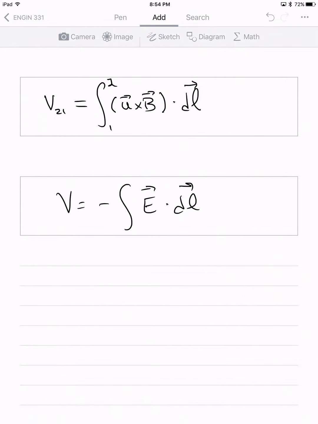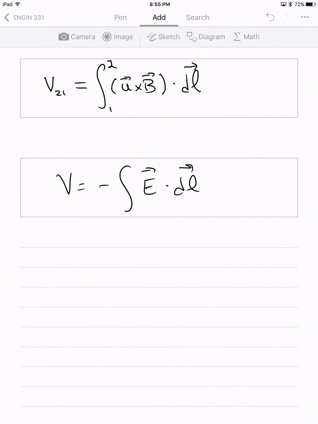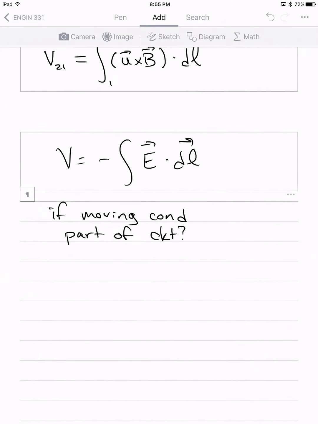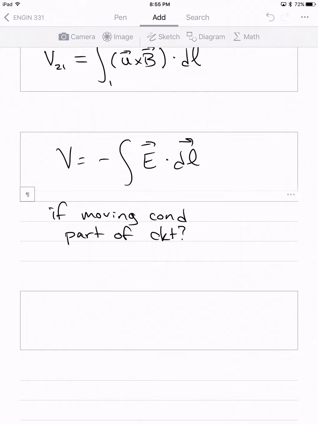Here's an important thing. If that moving conductor is part of a circuit, then the EMF that's generated is going to be the integral around the entire closed contour of the circuit, U cross B dot dl.